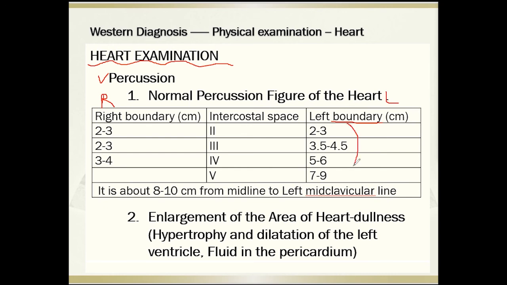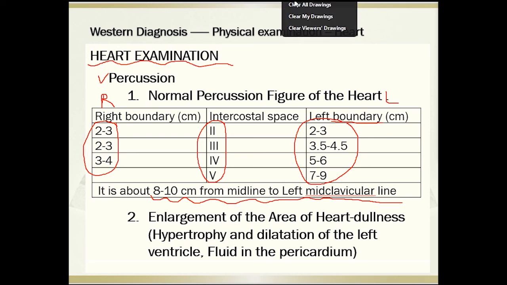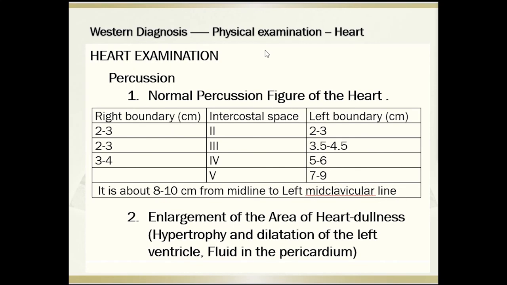The numbers we need to remember: in which intercostal space and how big it is. And normally from the midline to the midclavicular line, what's the normal number there? We need to remember. We are not truly trying to remember different disorders, but your understanding.